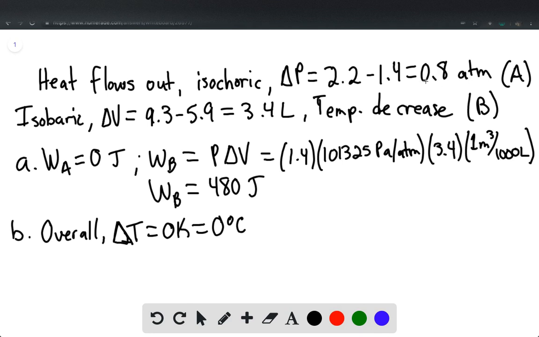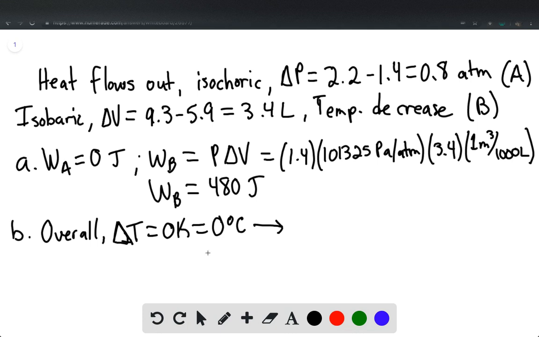If we say that before process A is considered state 1, after process A is considered state 2, and then after process B is considered state 3, we can say that the temperature at state 1 is going to be equal to the temperature at state 3. So this means that the change in temperature is going to be equal to 0 Kelvin. And again, it's only going to be based on the initial and final points.